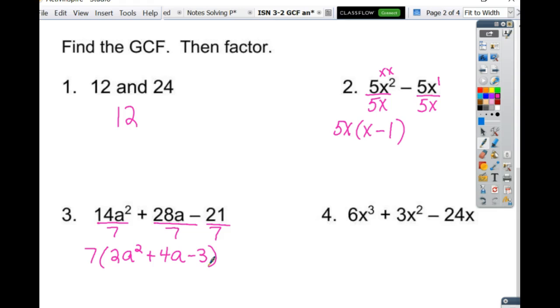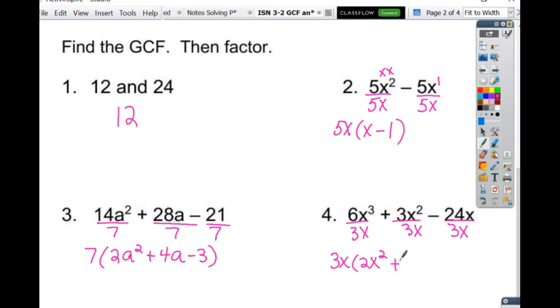Six, 3, 24. 3. And then x to the third, x to the second, and x to the first. So I'm going to divide by x, and that goes on the outside of the parentheses. 6 divided by 3 is 2. 3 minus 1 leaves me with 2.